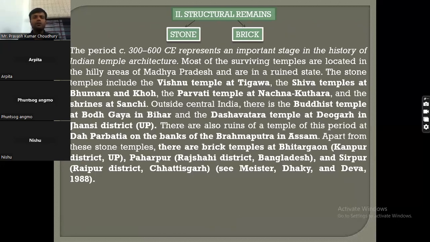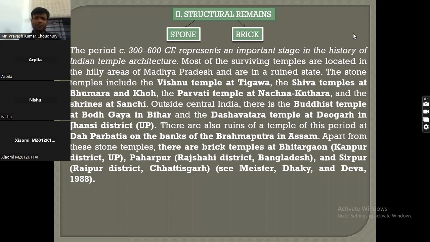Then we come down to a period wherein we see the beginning of the structural temple, which exists even today. So when we talk of the beginning of temple architecture, a structure existing today is found at many places.